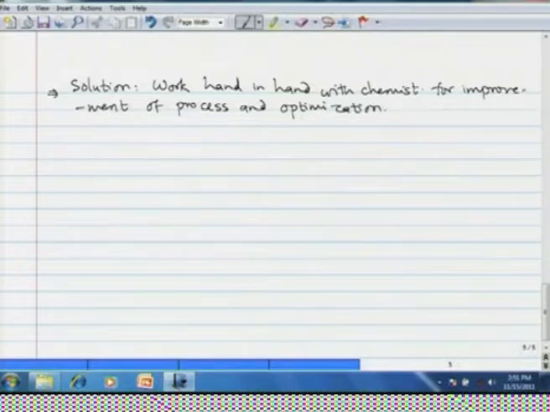Now, the concept of selectivity. Whenever we have more than one product from a process, we always need to define the selectivity for the desired product. Now, in the example that we just saw, B was the desired product.